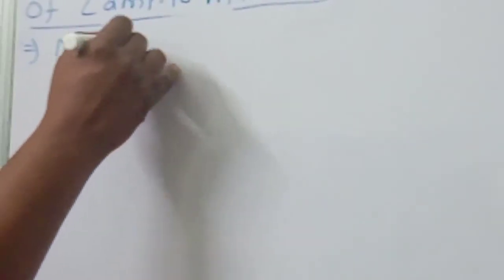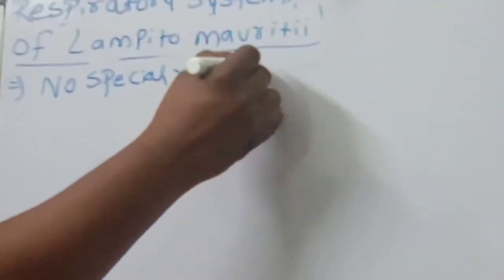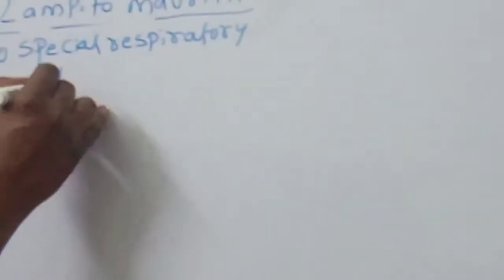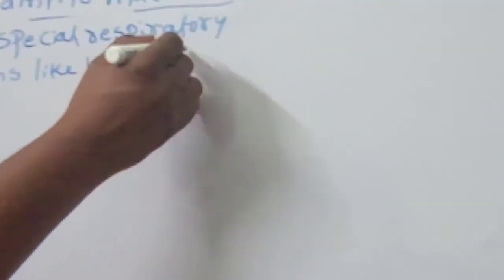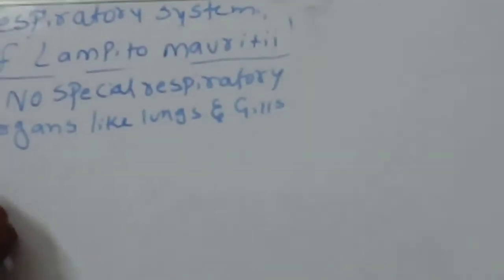Next, the earthworm. There are no special respiratory organs, like lungs and gills.